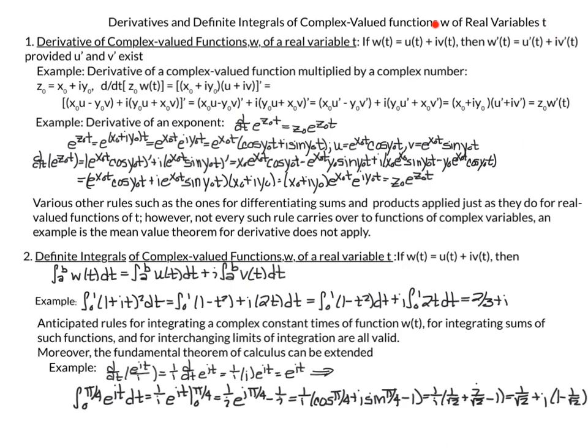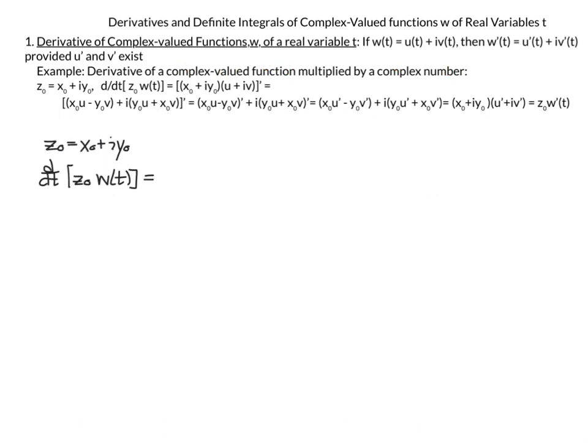We will next use this result of taking the derivative for this example, which is to find the derivative of a complex valued function multiplied by a complex number. So we'll start with a complex number, z naught, which is equal to x naught + i y naught, and we will take the derivative of this complex number times a complex function.